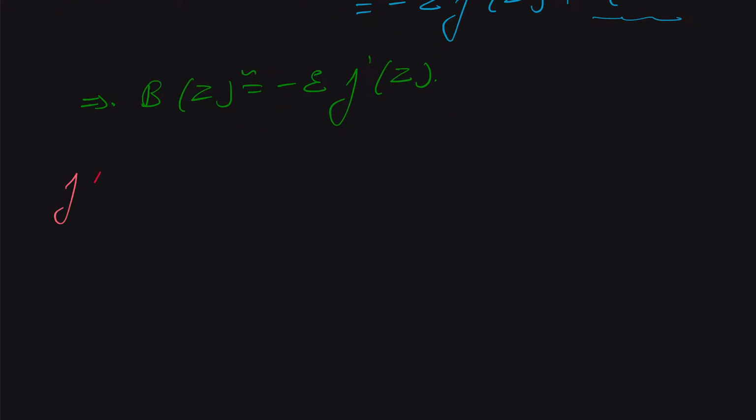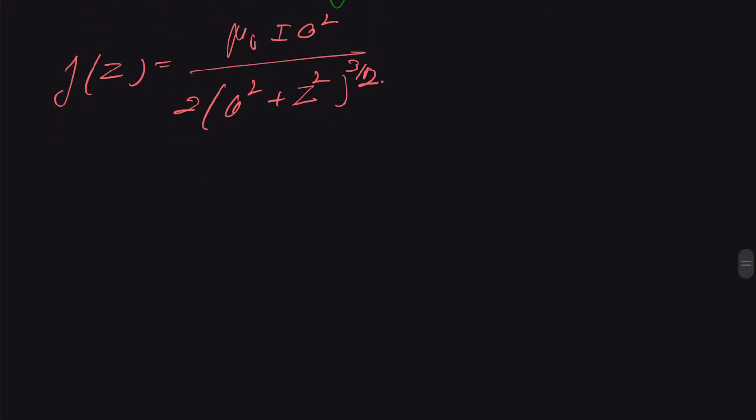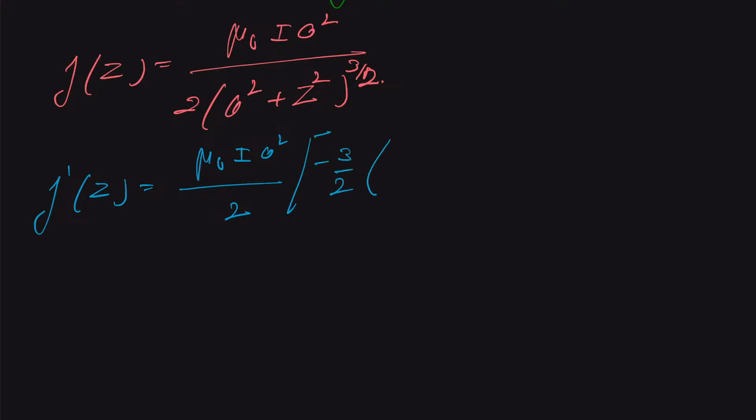Let's find out the value of f prime. We already know that f of z is μ₀Ia² over 2(a² + z²)^(3/2). For f prime z, we take this as common by 2, and we are left with minus 3 by 2 (a² + z²)^(−5/2), multiplied by the derivative of z², that is 2z.